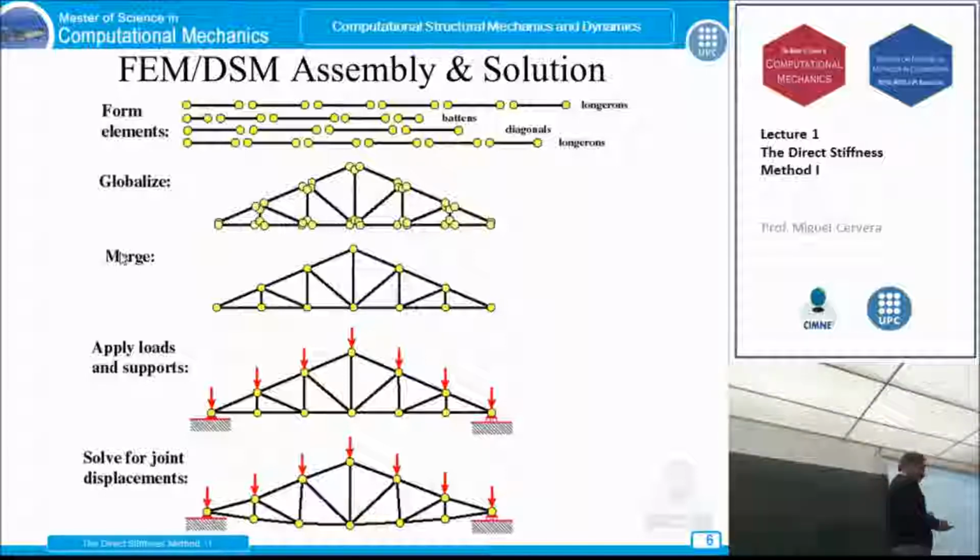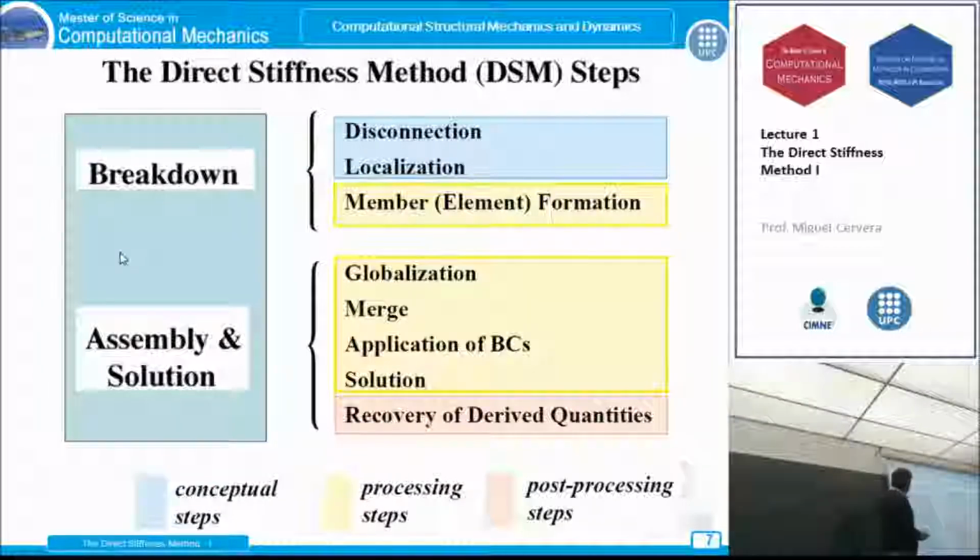For any example. Now, let's give names to this. We have a breakdown, and we have the assembly and the solution. The breakdown we have called disconnection and localization, and element formation. And then the assembly and solution we have called globalization, merging, application of the boundary conditions, meaning loads and supports, and solution.